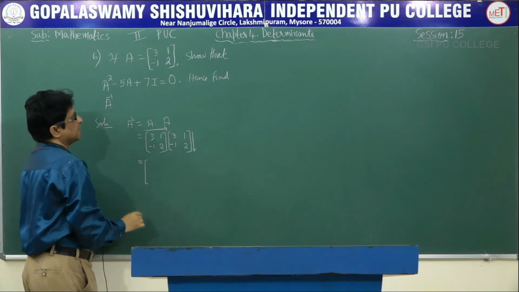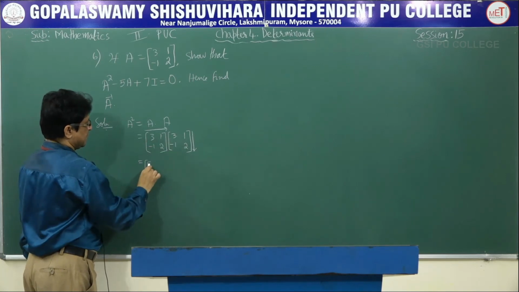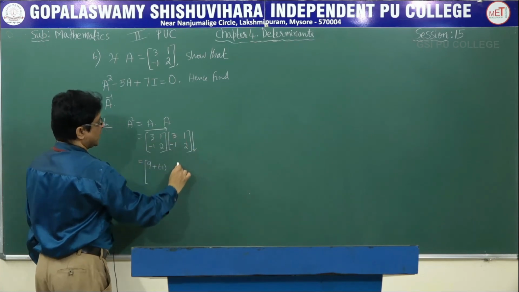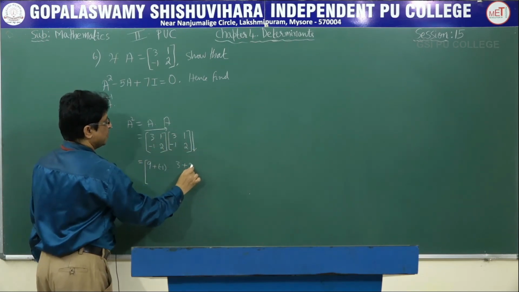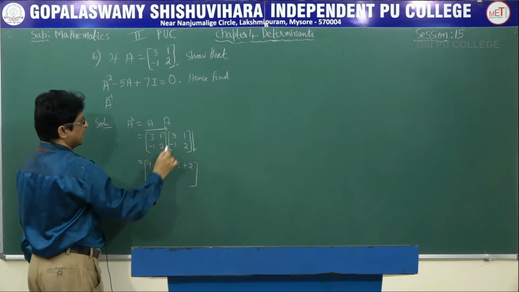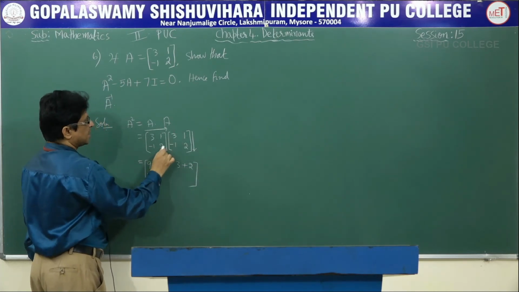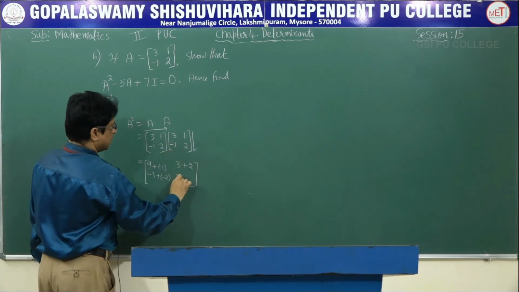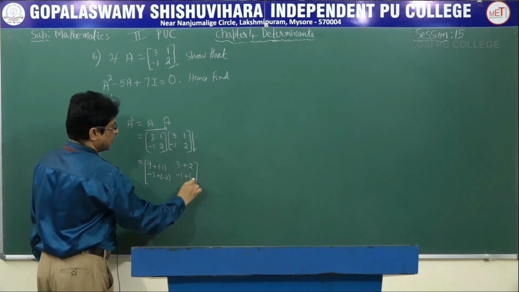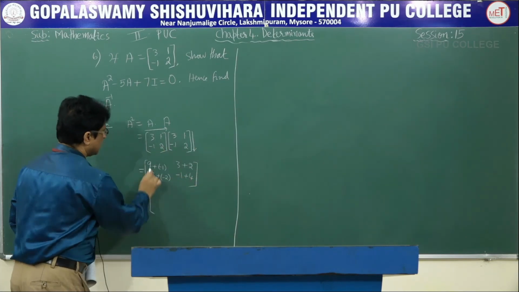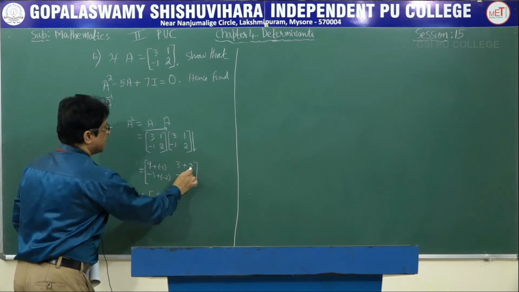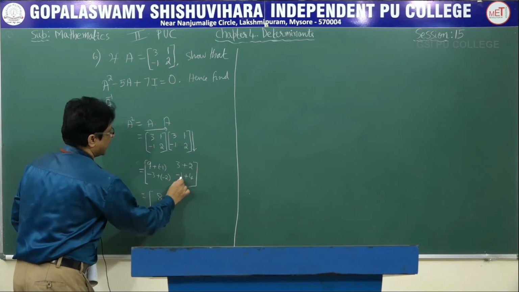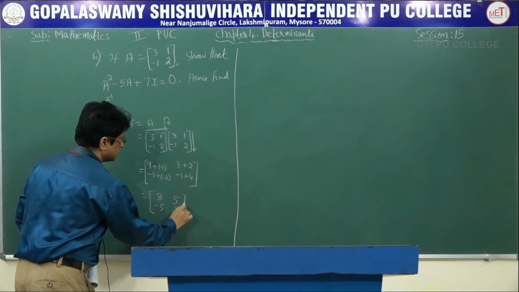So that will be equal to 3 into 3, 9 plus 1 into minus 1, minus 1. 3 into 1, 3 plus 1 into 2, 2. Minus 1 into 3, minus 3 plus 2 into minus 1, minus 2. Minus 1 into 1, minus 1 plus 2 into 2, 4. So this will be equal to 9 minus 1, 8, 3 plus 2, 5, minus 3 minus 2, minus 5, minus 1 plus 4 is 3.